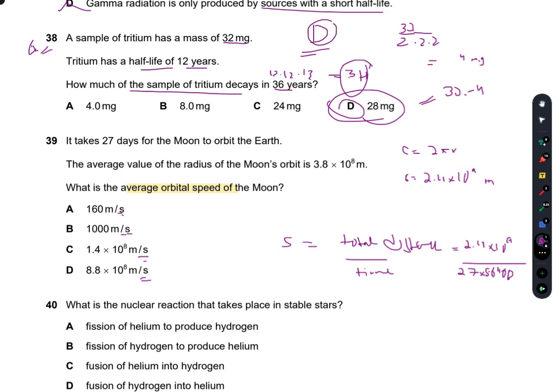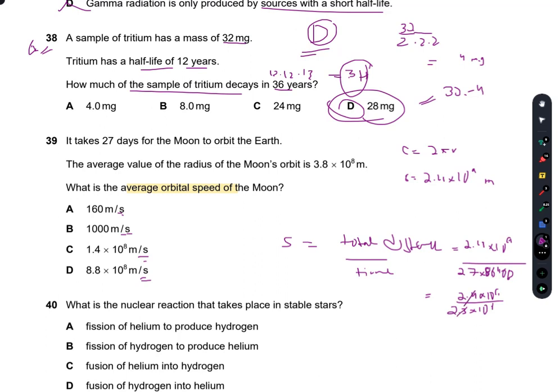No, if I check this once again, there is some mistake. 27 into 86,400 is equal to 2.3 into 10 to power 6, and on the upper side we have 2.4 into 10 to power 9.